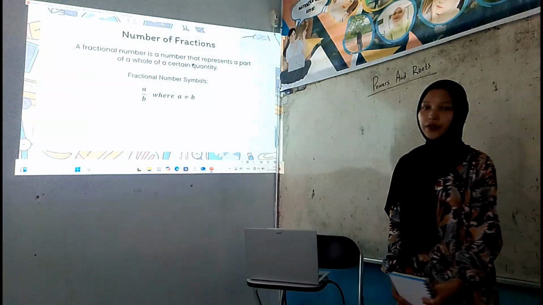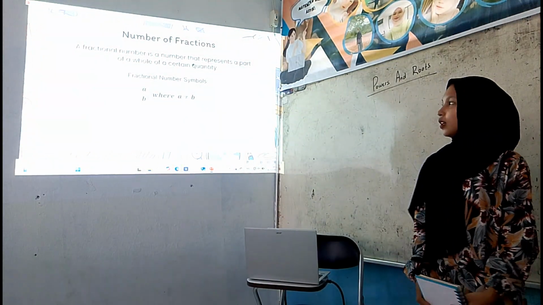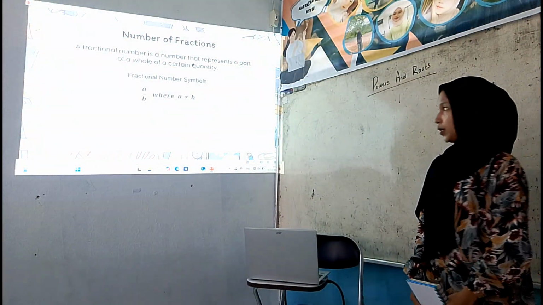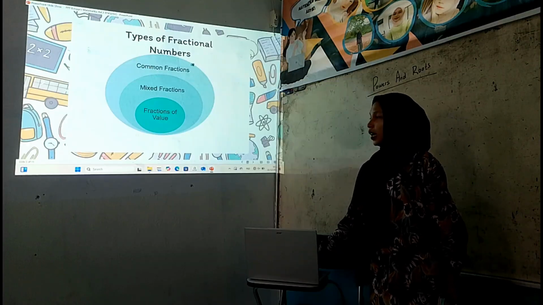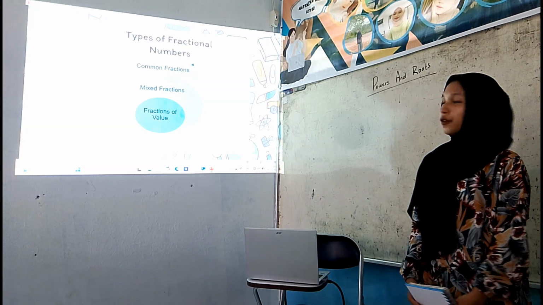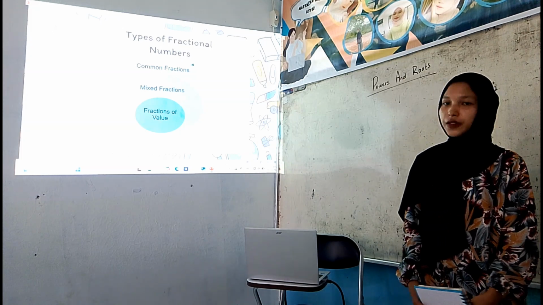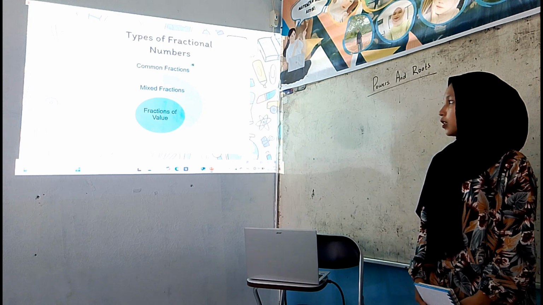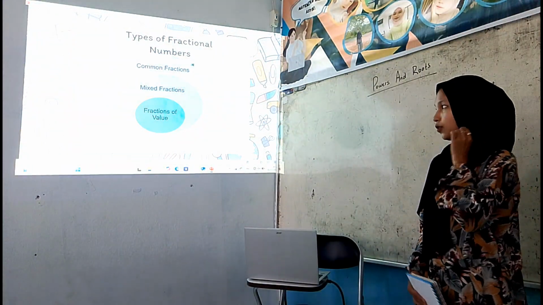And then the fractional number symbol is A over B, where B does not equal 0. And then these are the types of fractional number. The first one, common fraction. The second one, mixed fraction. And the last one, fraction of the value.